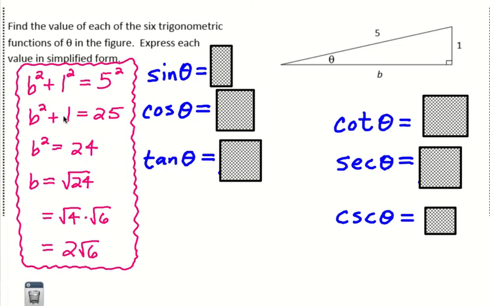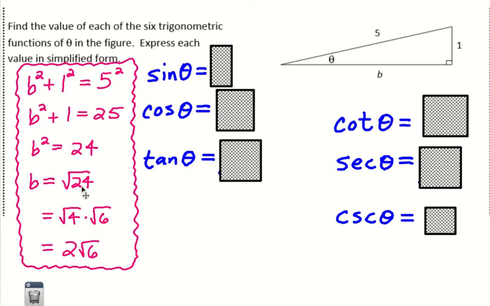Solving for the leg, you end up needing to subtract this over here, and then you take the square root of both sides and you get root 24. But as always, remember, you have to check to see if the square root of 24 can simplify, which it can.